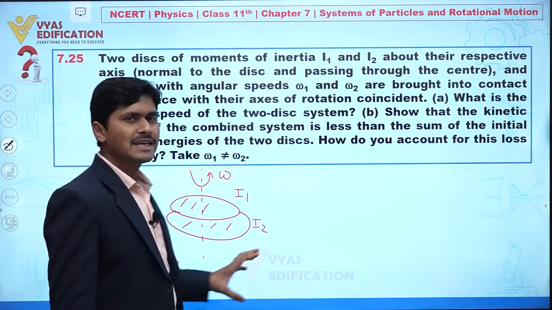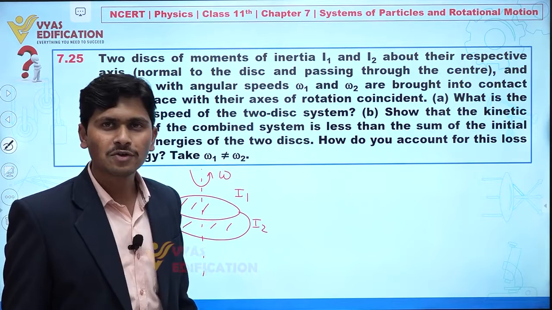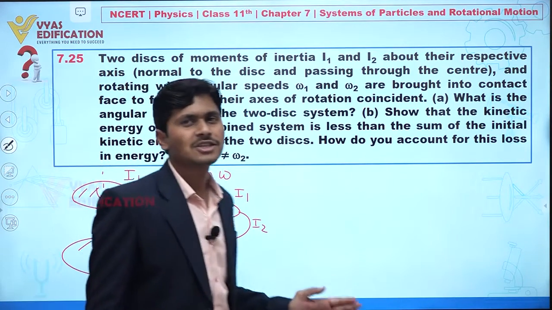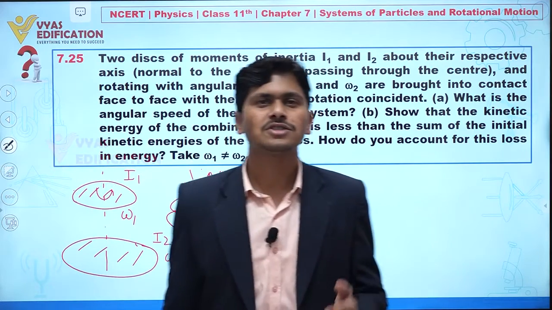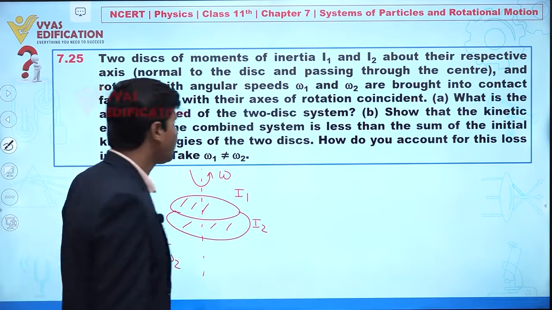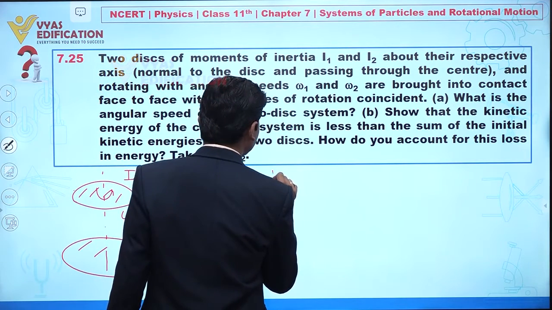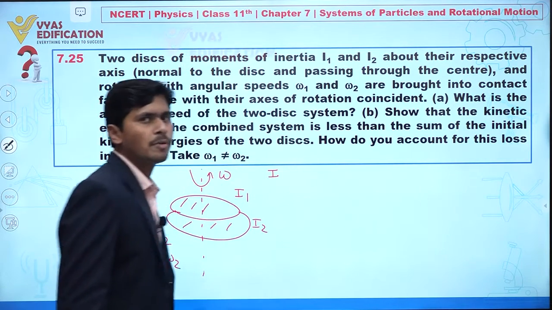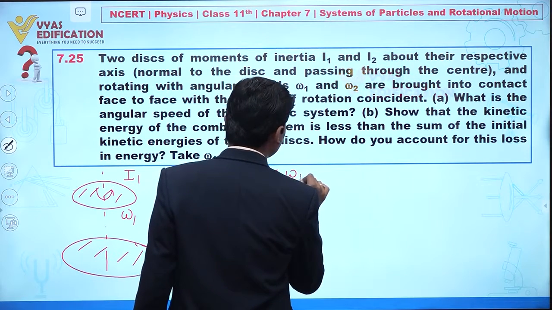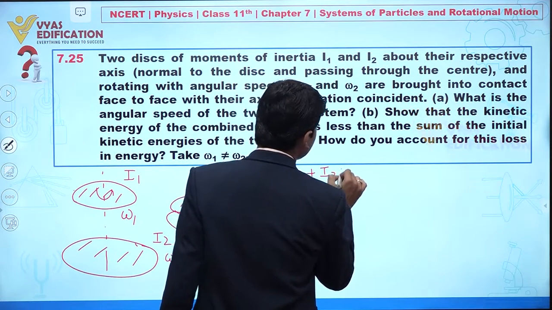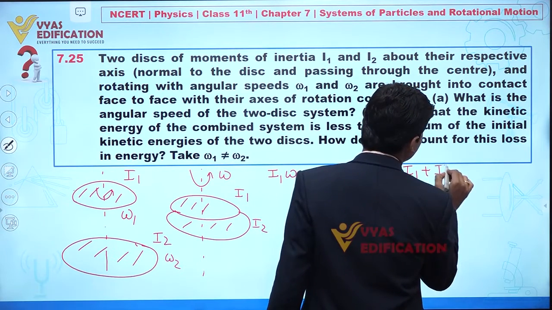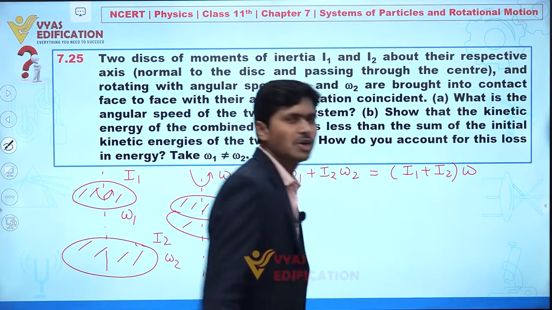So now we can apply conservation of angular momentum, because about this axis there is no external torque acting. When there is no external torque, angular momentum always remains conserved. So initial angular momentum equals final angular momentum: I1 omega 1 plus I2 omega 2 equals I1 plus I2, multiplied with omega.